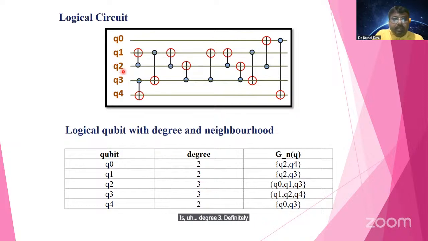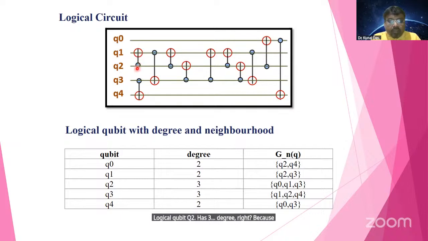Definitely, you can say that Q2 is working with Q1, Q2 is working with Q3, and Q2 is working with Q0. So the logical qubit Q2 has degree 3, right?